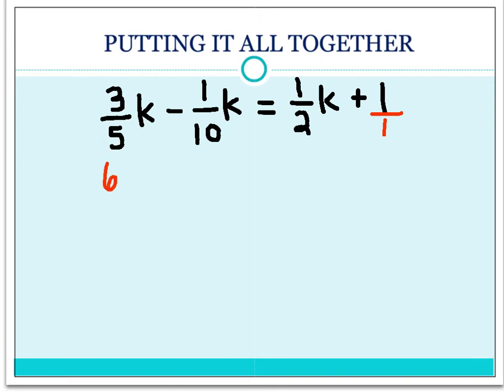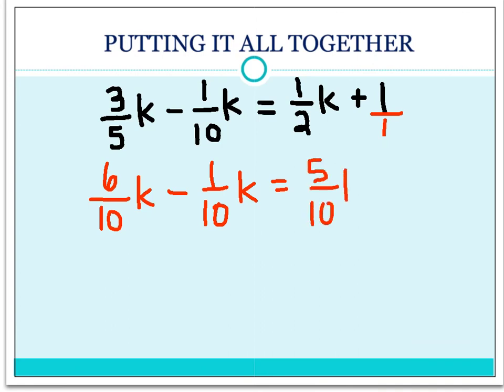My first fraction will become 6/10, okay? My second fraction already has a 10 in the denominator, so it stays 1/10. And the third fraction, to get 10 in the denominator, I'd multiply by 5, so I would end up with 5/10.